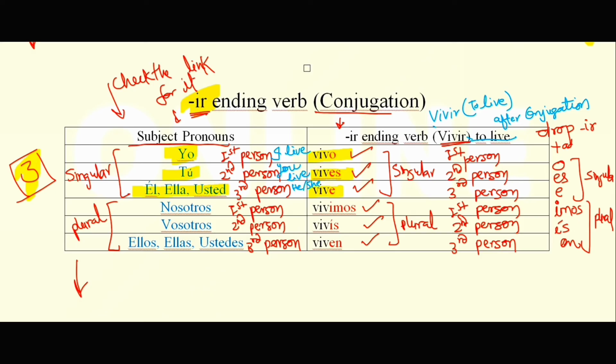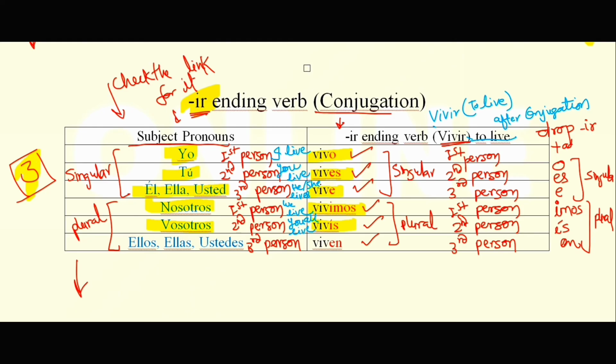Usted vive means you formal live. This is the formal one. Nosotros vivimos, we all live. Vosotros vivís means you all live.